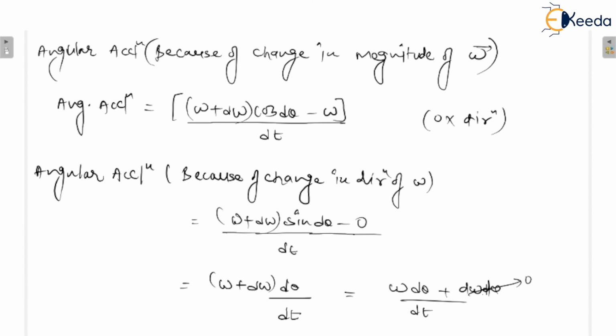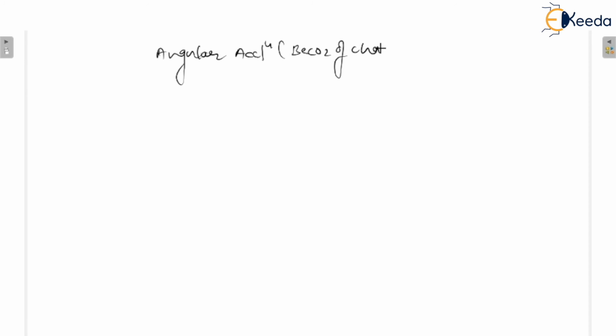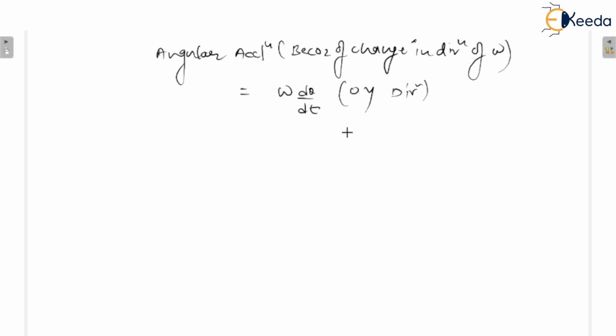So basically you will get the angular acceleration just because of the change in direction of omega, which comes out as omega d theta by dt, and the direction is OY. Yes or no?